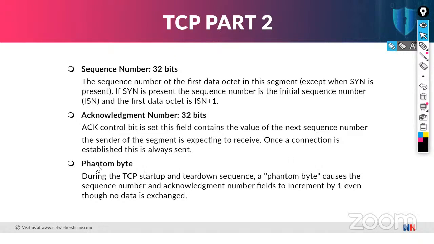Once a connection is established, this is always sent. Phantom byte: during the TCP startup and teardown sequence, a phantom byte causes the sequence number and the acknowledgement number fields to increment by 1, even though no data has been exchanged. Even if there is no data exchange, it's totally fine. A phantom byte will always be added, guys.